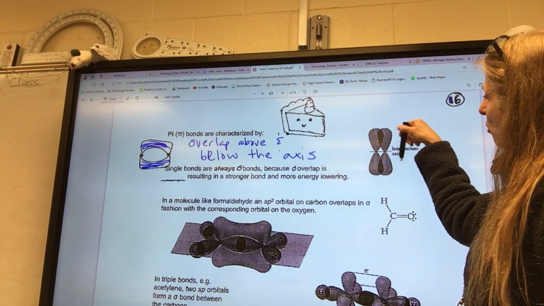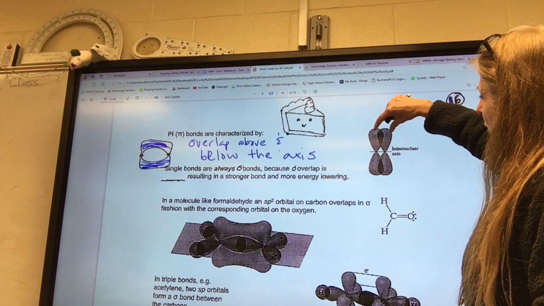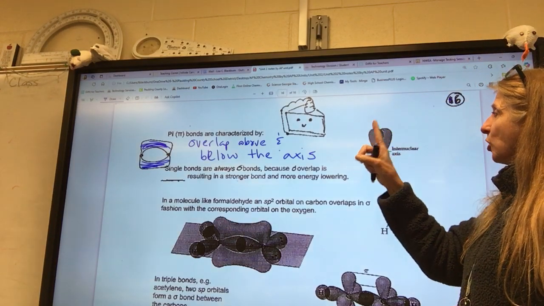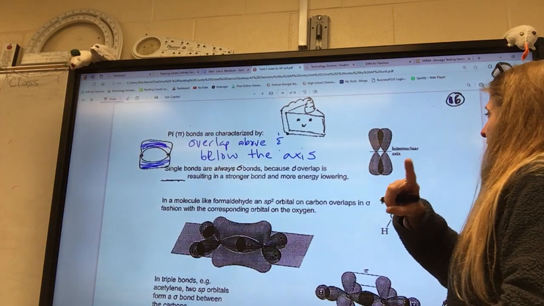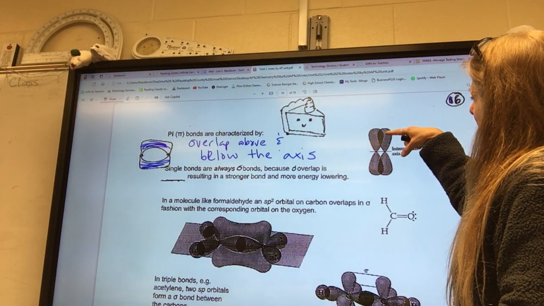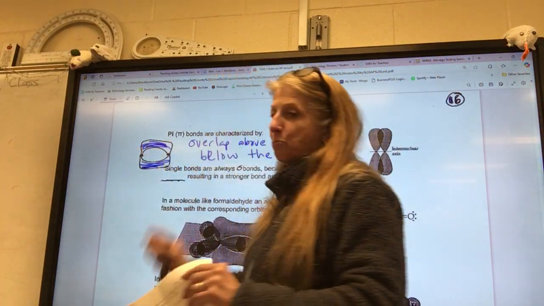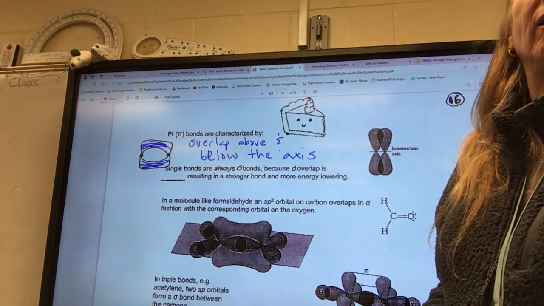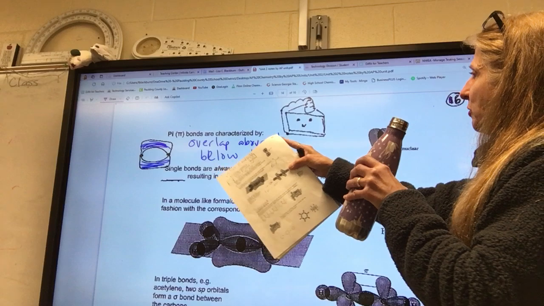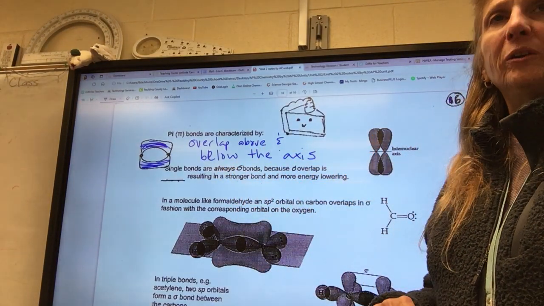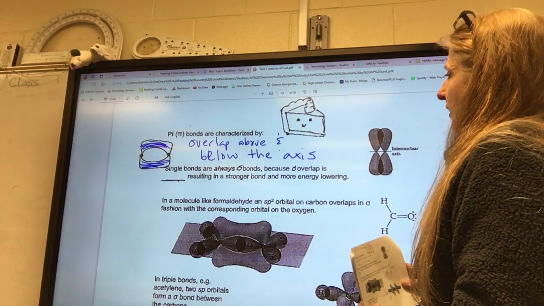But these p orbitals are going to overlap, and these two p orbitals are going to share one pair of electrons, but where they can hang out is above or below. This is the area the pair can hang out in. It's like a 2-room apartment instead of a 1-room apartment. We still doing okay? All right, good.